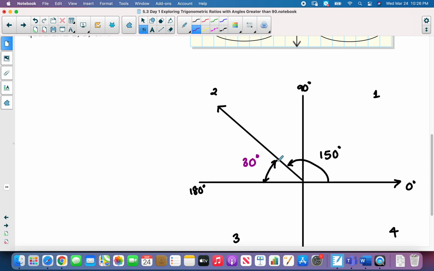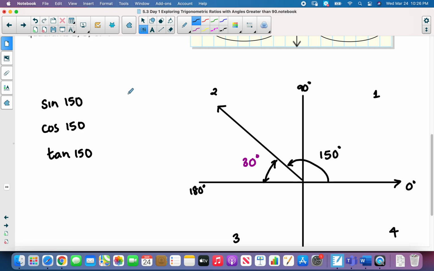So this 30 is a special angle. That helps me find the sine of 150, the cosine of 150, and the tangent of 150, because the acute angle related to 150 is 30, and I know the sine, cosine, and tangent of 30.